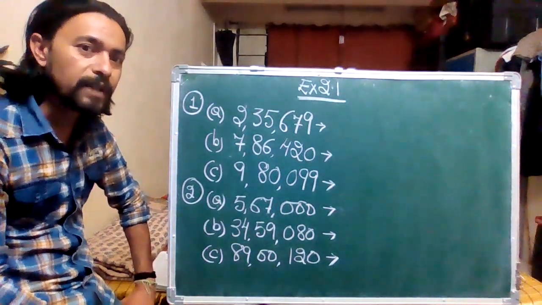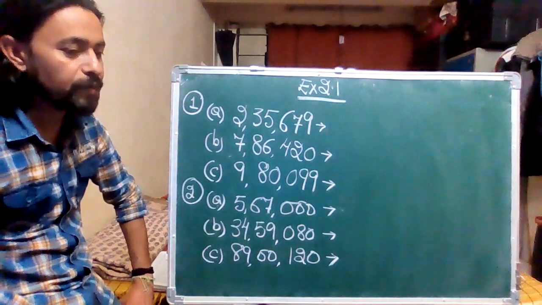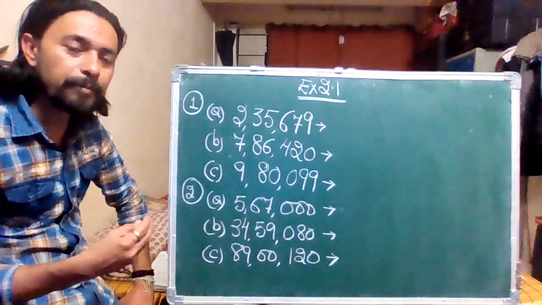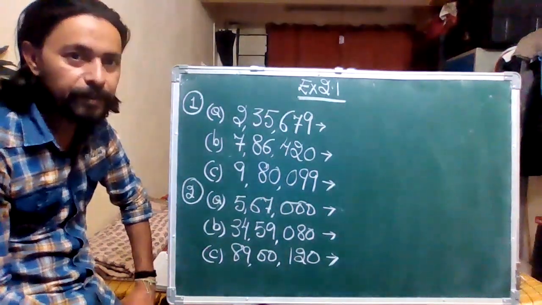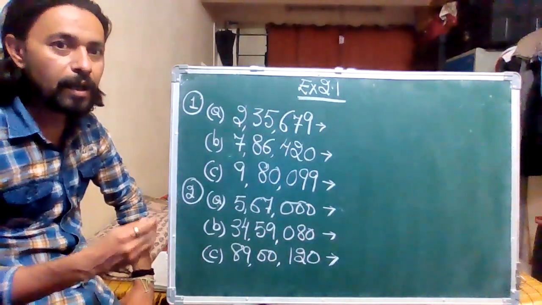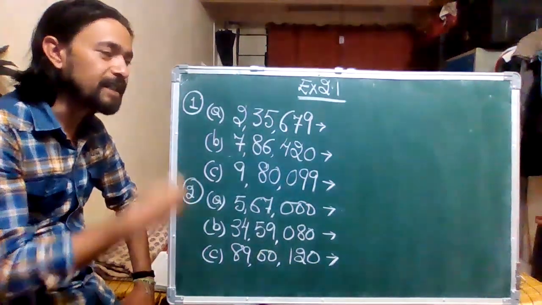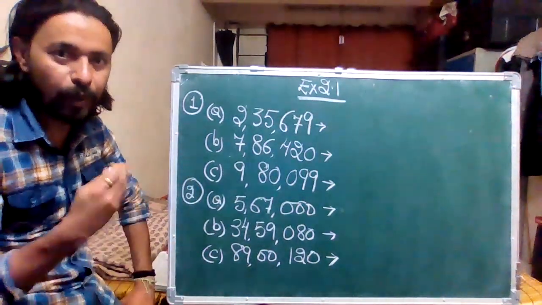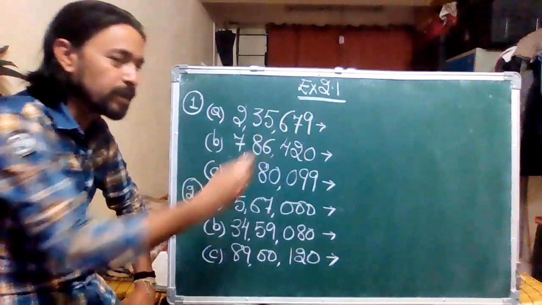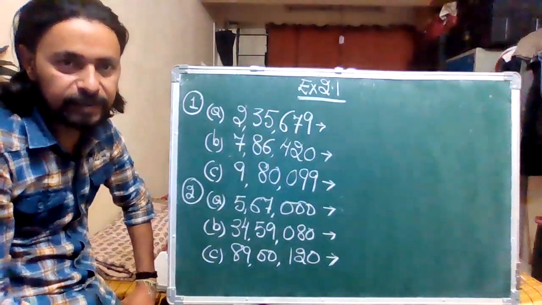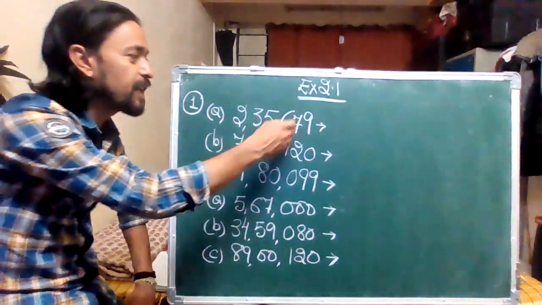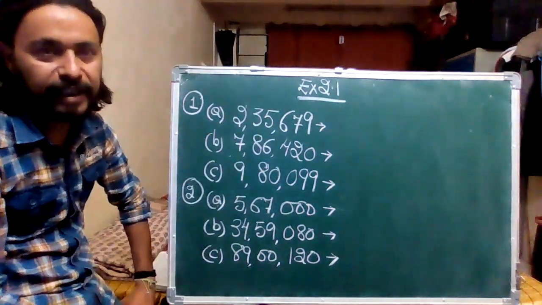A successor of a number is a number that comes immediately after it. That means it is one value more than the number that is there. If I add 1 to the number, I find the successor. If to 79 I add 1, it becomes 80.